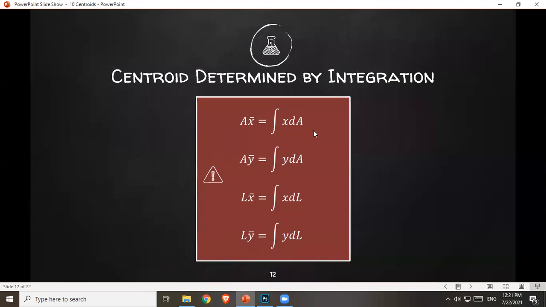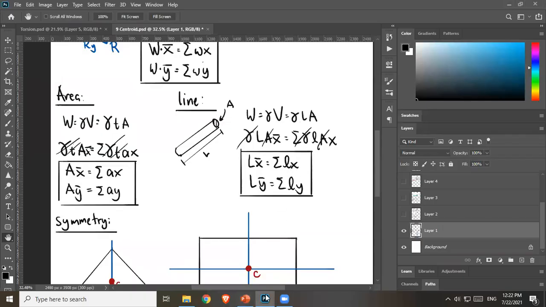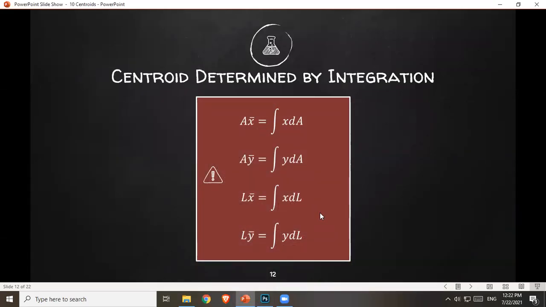So integral of x dA instead of summation of ax. Okay, so that's just the difference. We're just dealing with smaller areas. Same thing with y, and then same thing for length. L x bar is summation of x times differential length L. So instead of summation of L times x, we have integral of x dL. And then same thing for y bar.